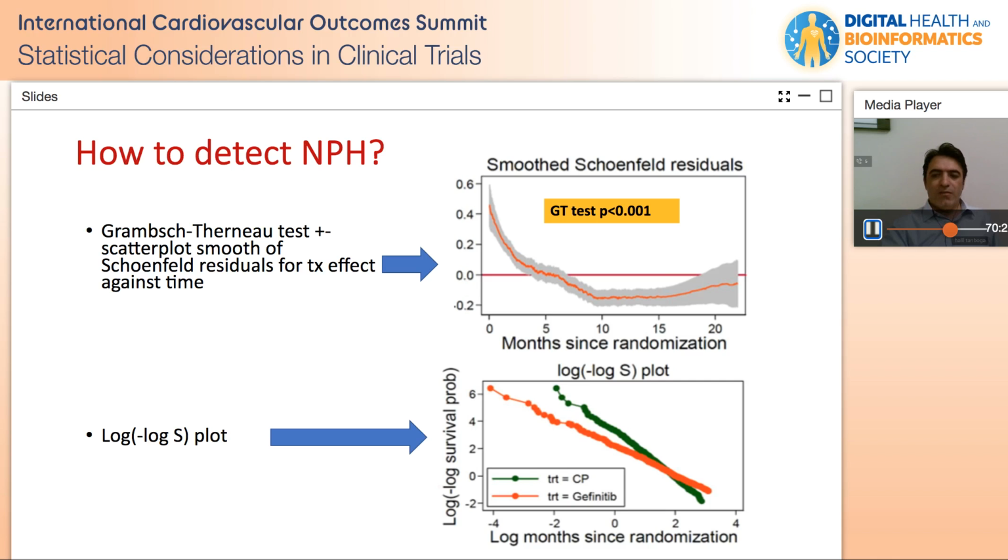We obtain a p-value from this test, and according to this p-value, we can decide whether there is non-proportional hazard or not. A basic graphic method is the log-log survival plot against time. The evaluation of non-proportional hazard with graphic-based methods is likely to be more informative than with formal statistical tests.